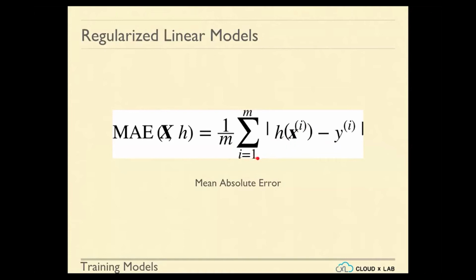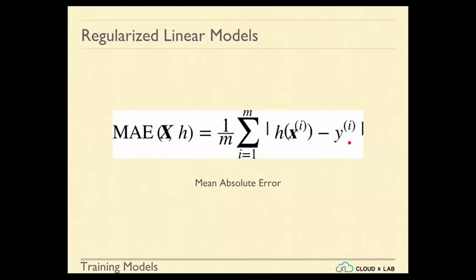Here we are going from the first instance to the mth instance. We take a row, feed all the columns of that row, the features, to the model, and get a certain prediction from the model.